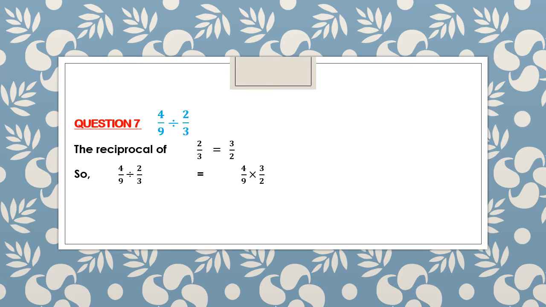On solving this, we'll get the answer as 12 upon 18, and 12 upon 18 will get reduced to 2 upon 3 by dividing it with the common number 6. 6 2s are 12 and 6 3s are 18. So the answer is 2 upon 3, which cannot be reduced further.